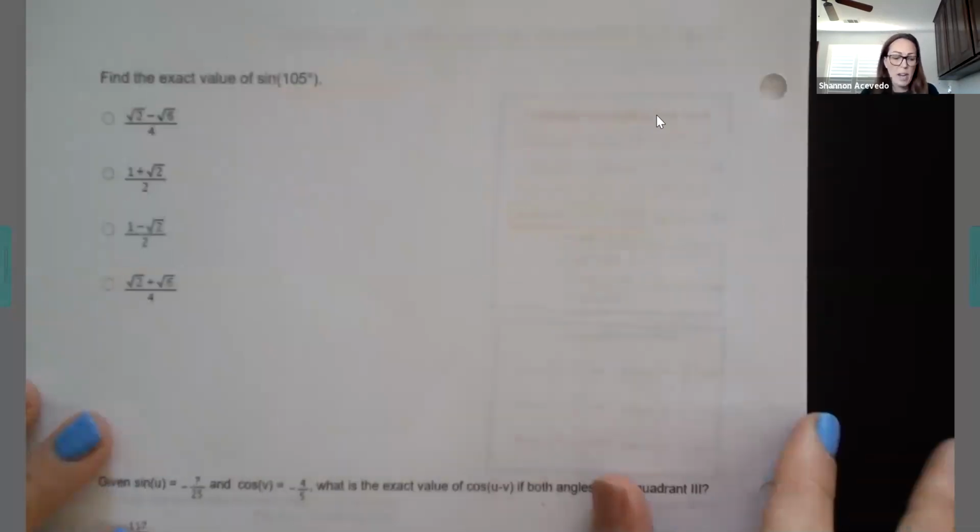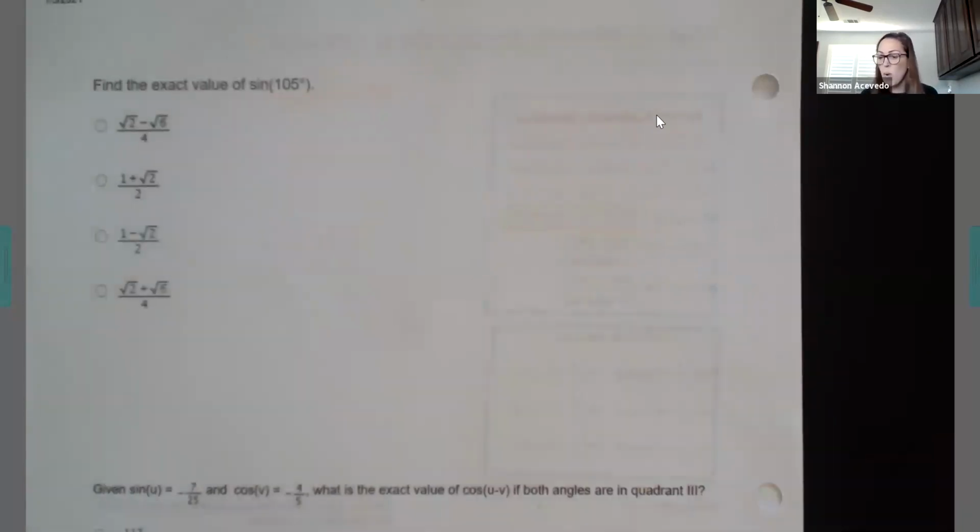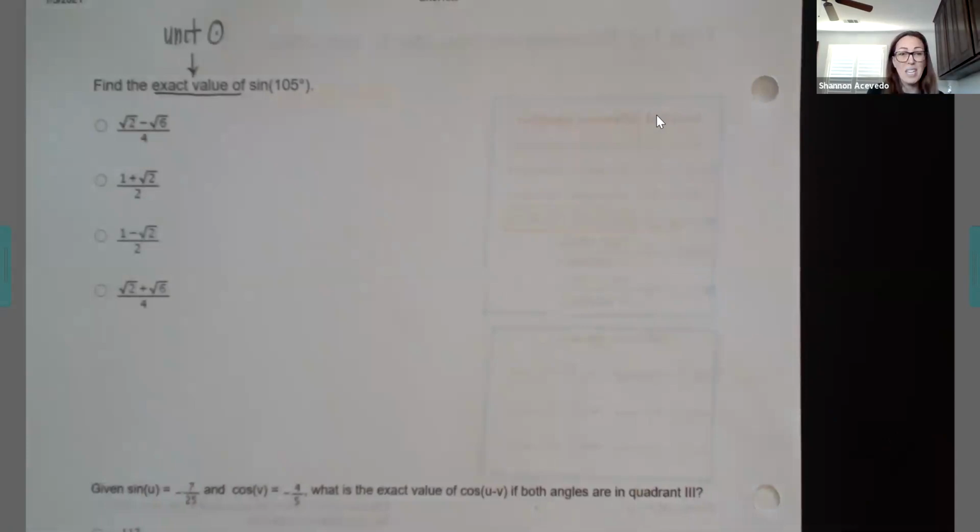So why do I care about those sum and difference formulas? Well, in this case, it says find the exact value. Exact values are going to be values from your unit circle. Some of you go, but wait, isn't the calculator exact values? No, because if I have the square root of 2 in a calculator, that's irrational.